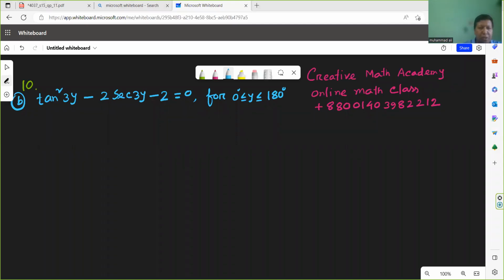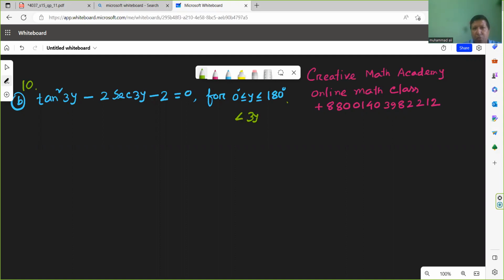The next question, tan square 3y minus 2 sec 3y minus 2 equals 0. Here angle y is greater than or equal to 0 degrees, less than or equal to 180 degrees. One very important thing: as here we have 3y, we have to rearrange this interval. If we multiply 3 with y, it will be 3y.